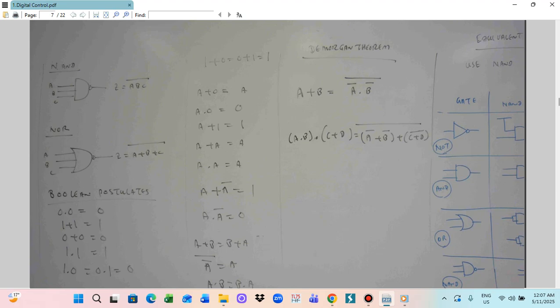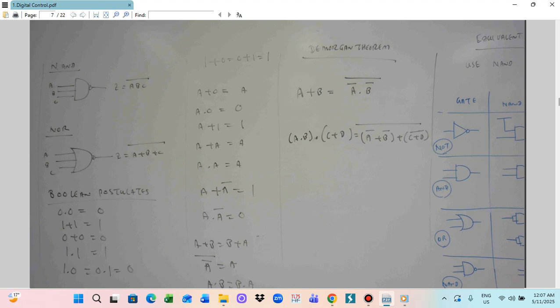The De Morgan theorem says that A plus B, the whole bar, is equal to A bar multiply B bar. So this is called the De Morgan theorem, and we can change the formula this way. Similarly, we can also use the equation where A dot B, the whole bar, is equal to A bar plus B bar.